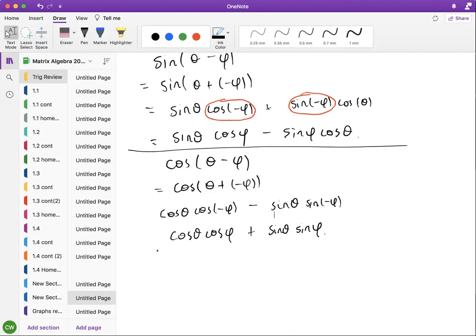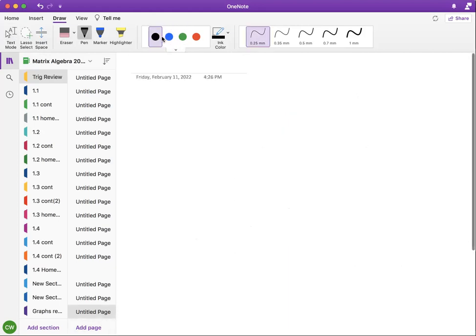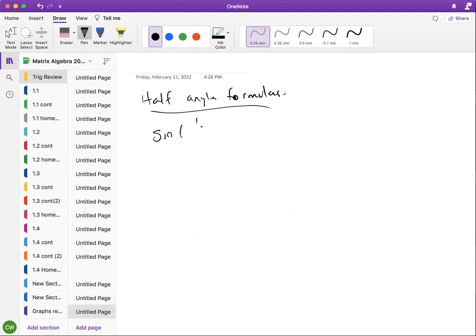I won't do the half angle formulas, I'll give you just the idea of it. So let's say sine of 1/2 theta.